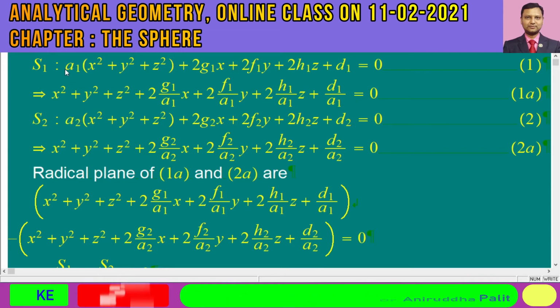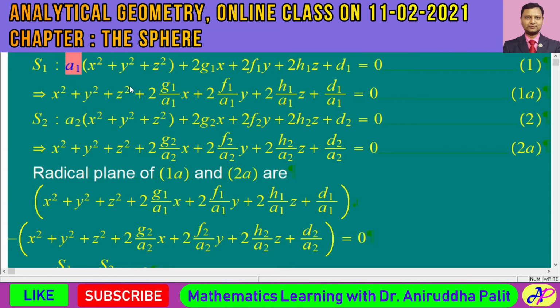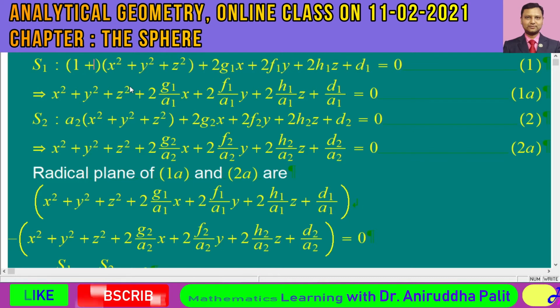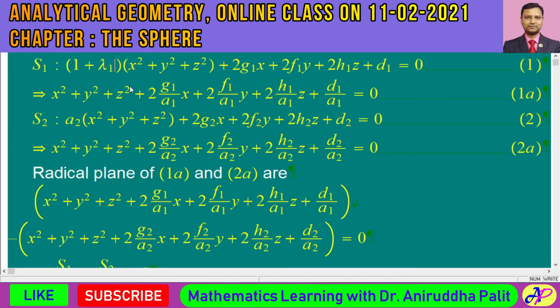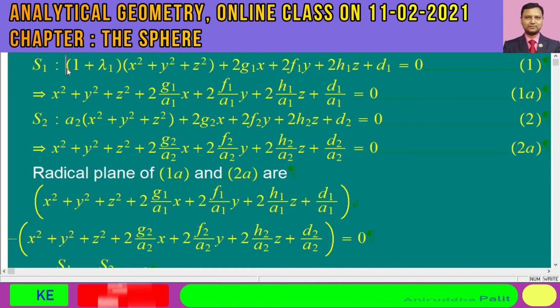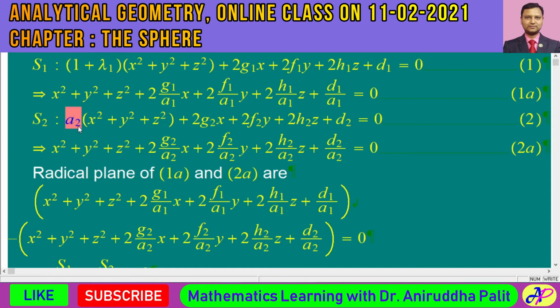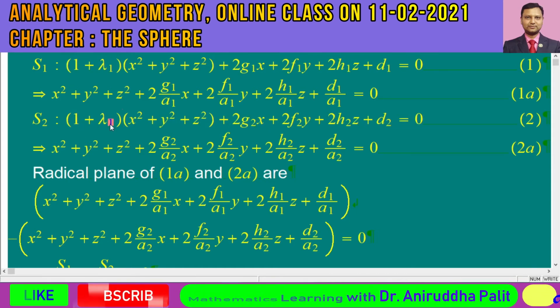So here in place of a1 we are considering 1 plus lambda 1, and in place of a2 we are considering 1 plus lambda 2.